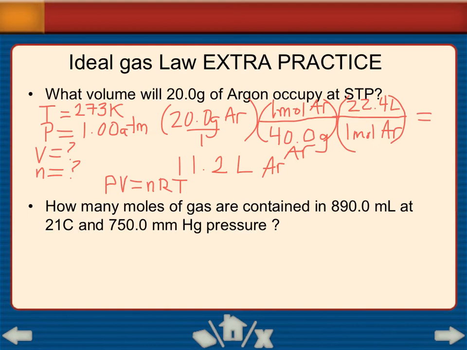In the second problem, they are asking how many moles of gas are contained in 890.0 milliliters at 21 C and 750 millimeters of mercury pressure. So the volume is equal to 890.0 milliliters.